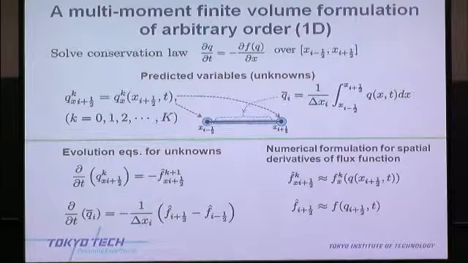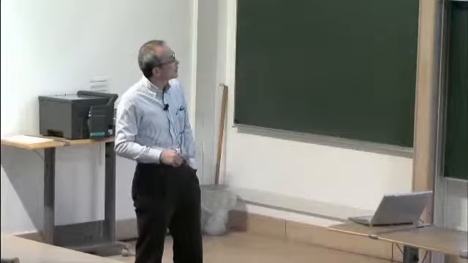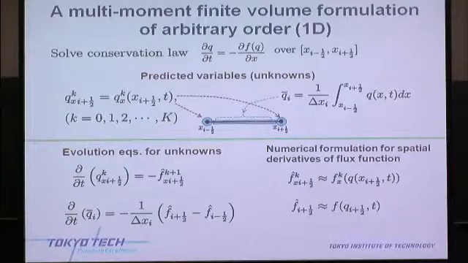Now we have to derive some evolution equations to update each of these moments. This is the pointwise form of this one. We write it at these two points. This k is the order of the derivative with respect to space.